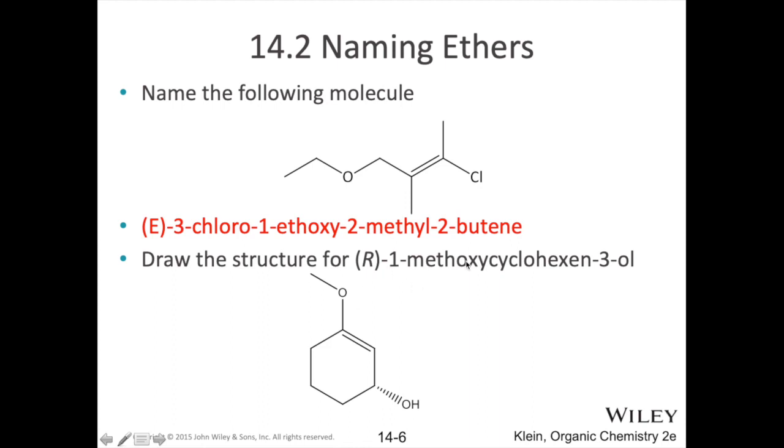Our methoxy group, of course, is at the number 1 position as well, and that's a methoxy group because there's a methyl attached to that oxygen. All right, and then the question tells you that this chiral center over here, which is the only chiral center in the molecule, has the R designation. So that tells you whether to use a solid or a dashed wedge for the alcohol group.